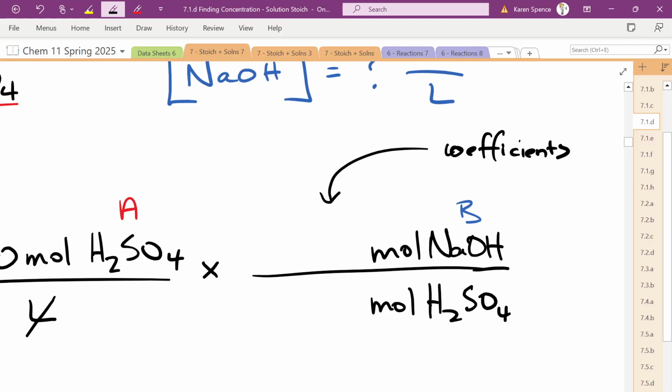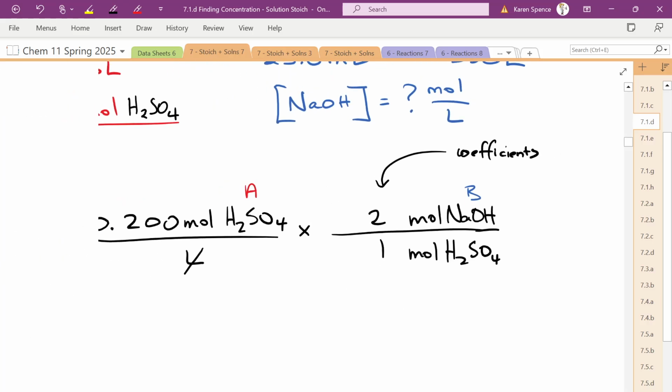So those come from our coefficients, and the coefficient is a 2 for NaOH and a 1 for H2SO4. And when we are finding molarity, I recommend that you just stop right there. Stop and calculate.